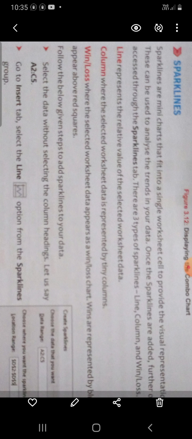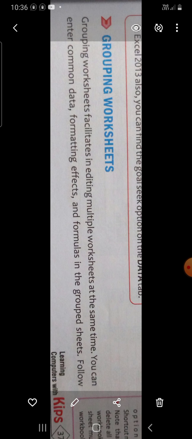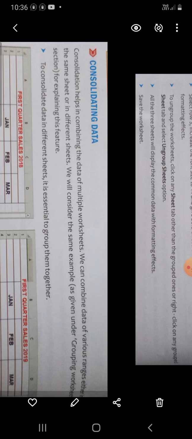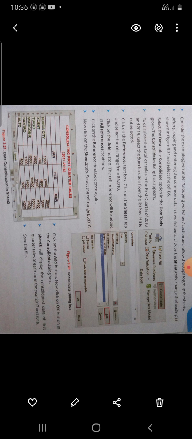That is, these two tables consist of the sales record of the same vehicles in the two years. Now using consolidating data, we can combine these two tables and present the information in a separate table as given in Table 3.21.